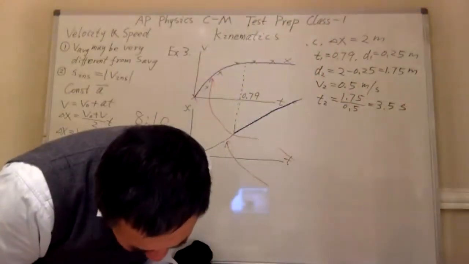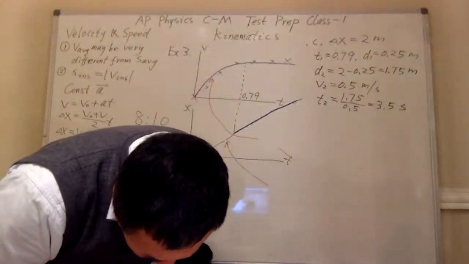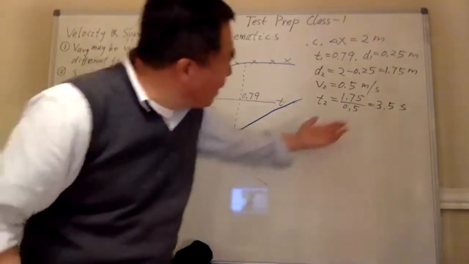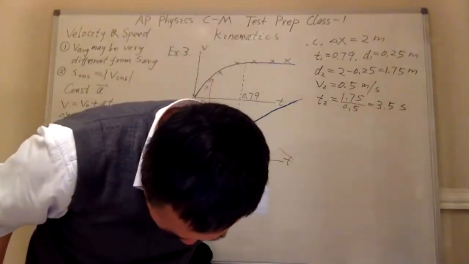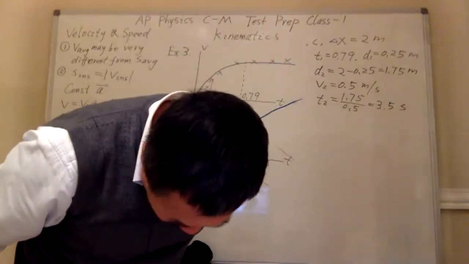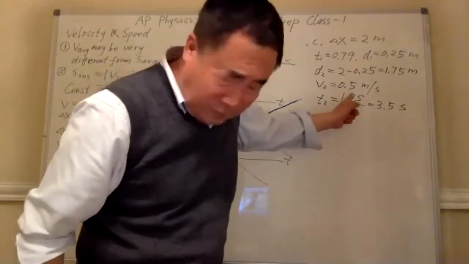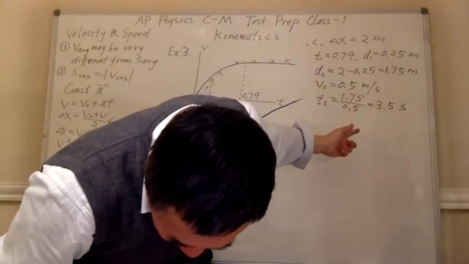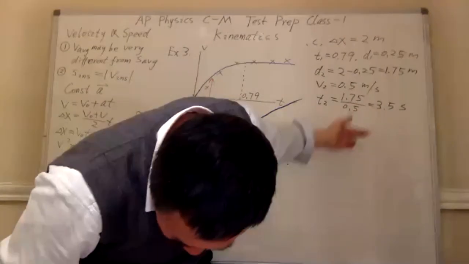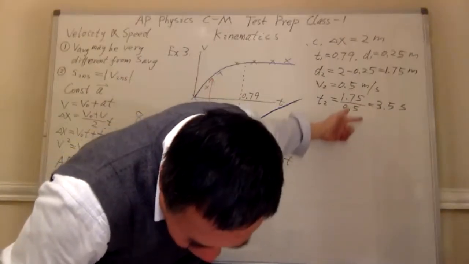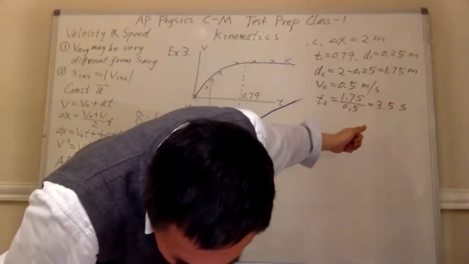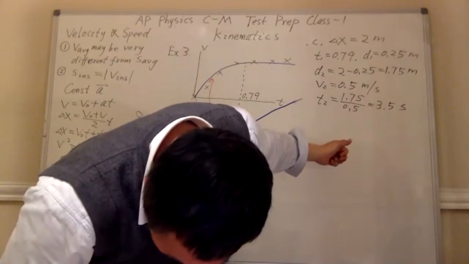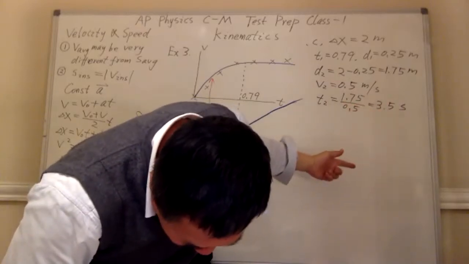So roughly 3.5 seconds. Roughly the velocity is 0.5 meters per second, which makes our calculation a little easier.